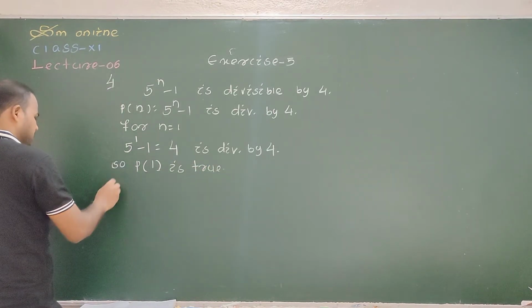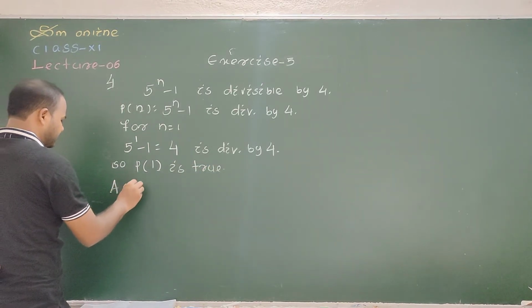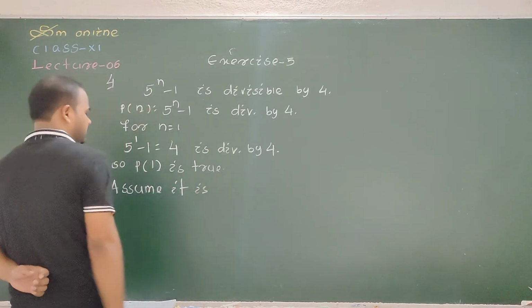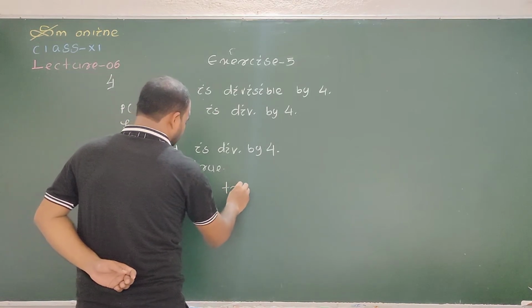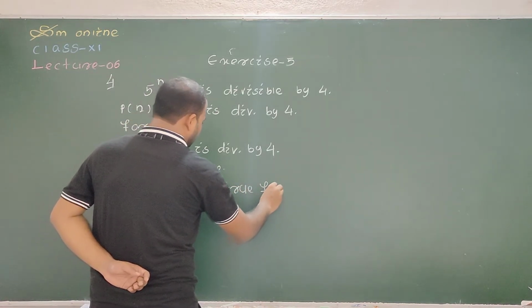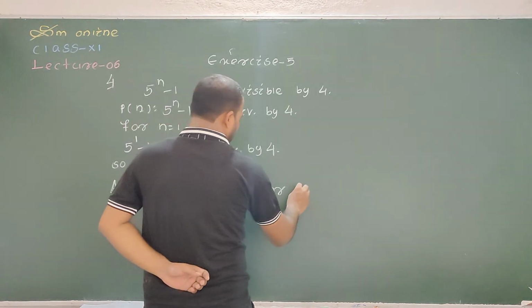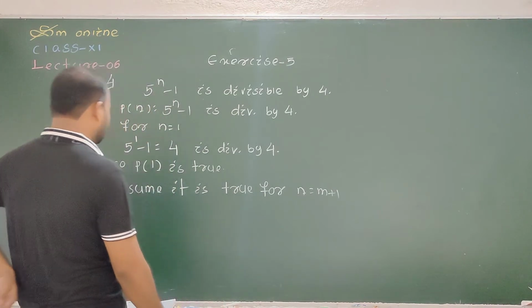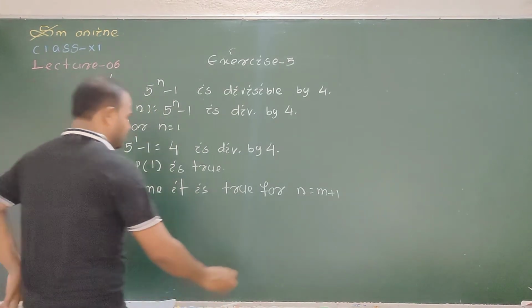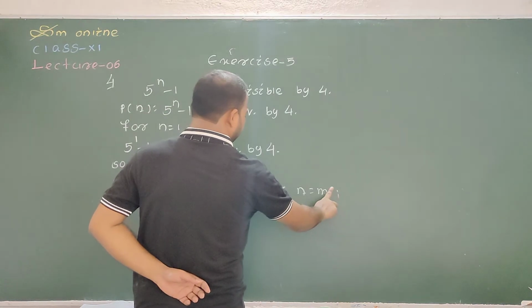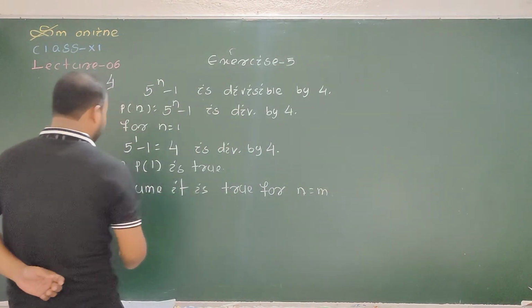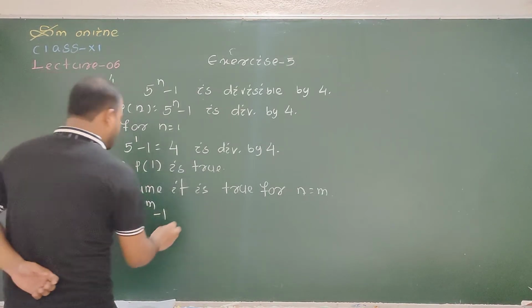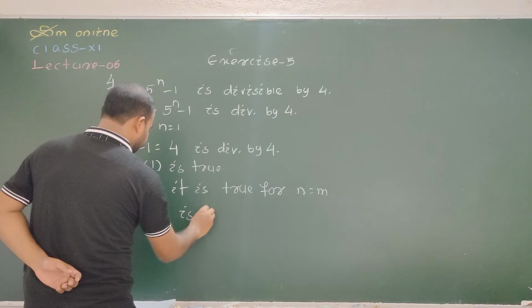Then assume that it is true for n equal to m, so it is 5 to the m minus 1 is divisible by 4.